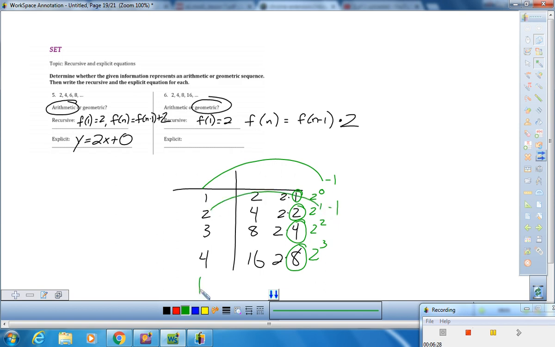So for n, it's going to be 2 times 2 to the n minus 1. Y equals 2 times 2 to the n minus 1.